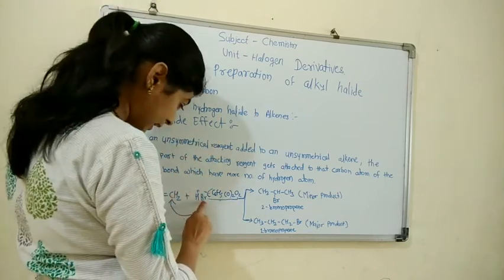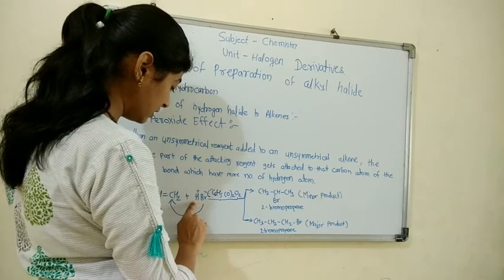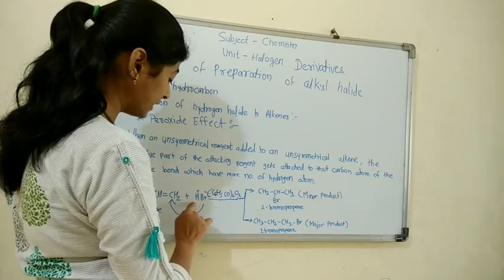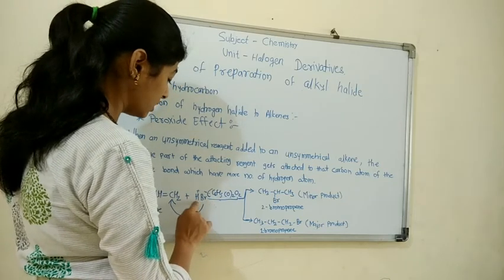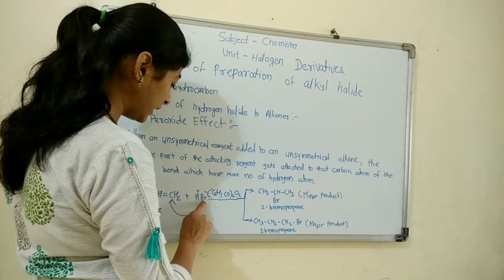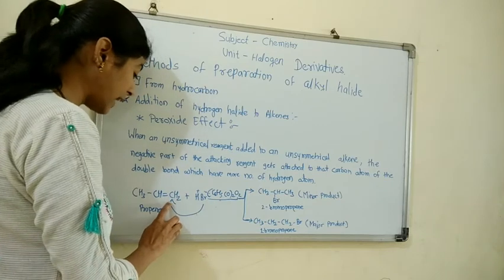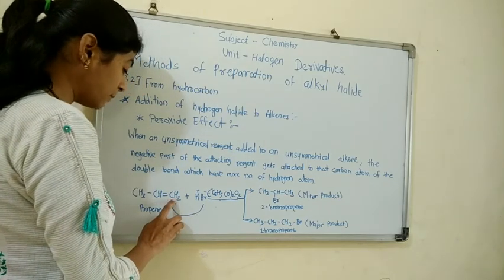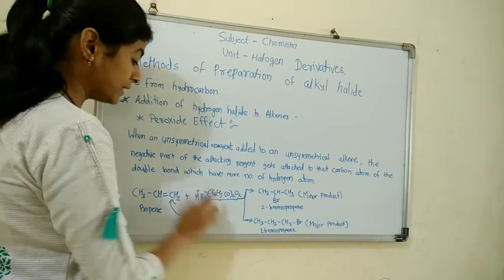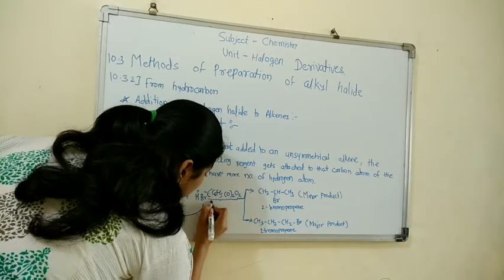Here the unsymmetrical alkene is 1-propene and the unsymmetrical reagent is HBr. So Br negative gets attached to that carbon atom which bears more hydrogen atoms in presence of benzoyl peroxide.